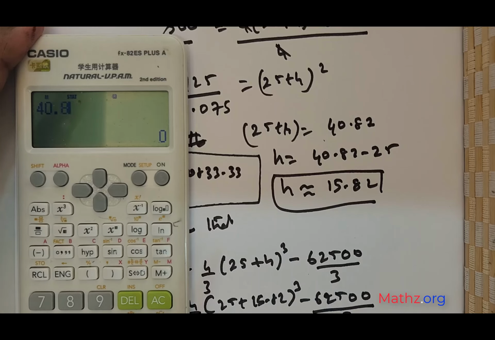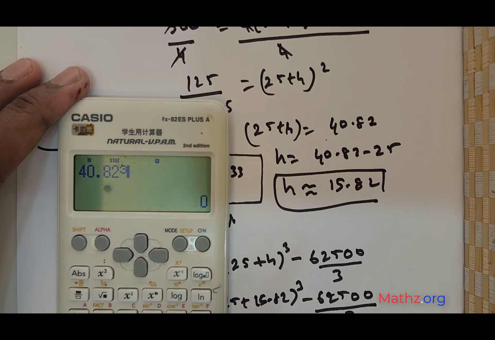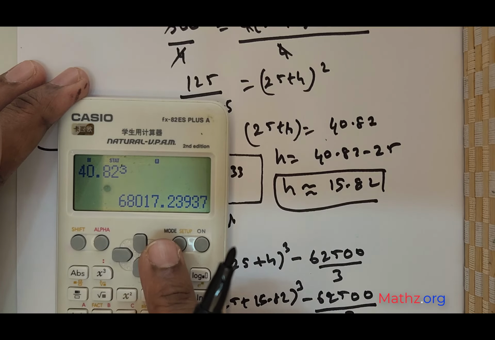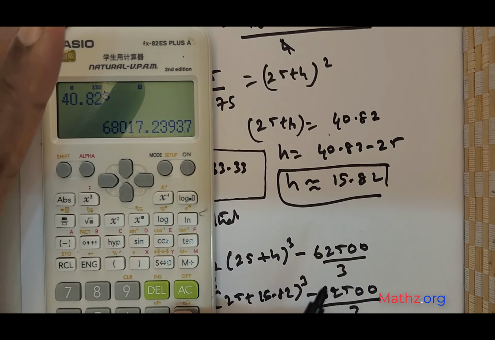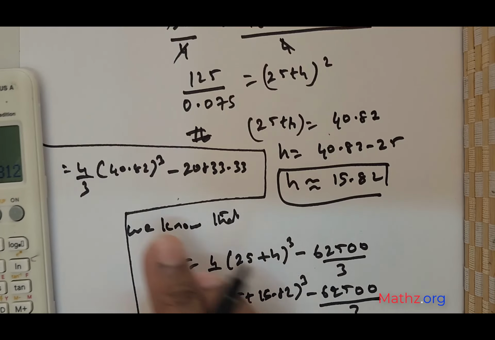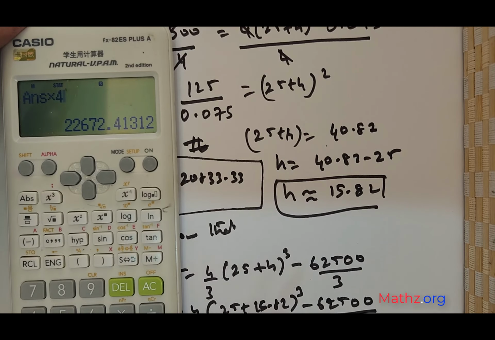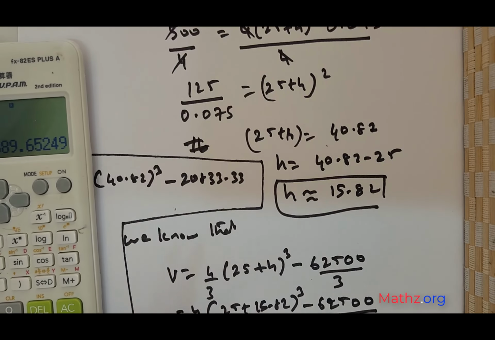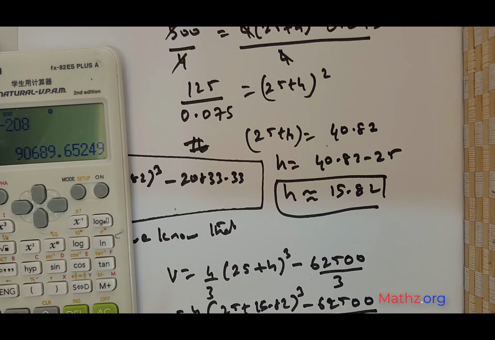Right? So now we will have to take the cube of 40.82. So 40.82 cubed, and what do you get there? You get 68017. This has to be divided by 3, so I divide by 3. This has to be multiplied by 4, I multiply by 4. And from here I need to subtract 20833.33.